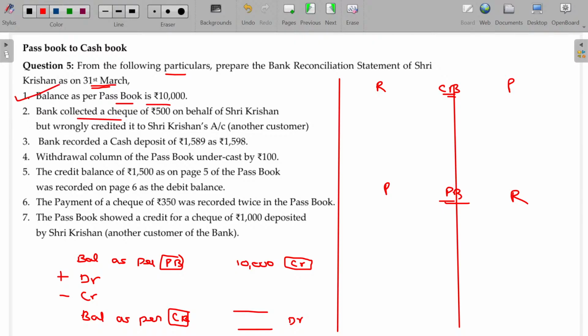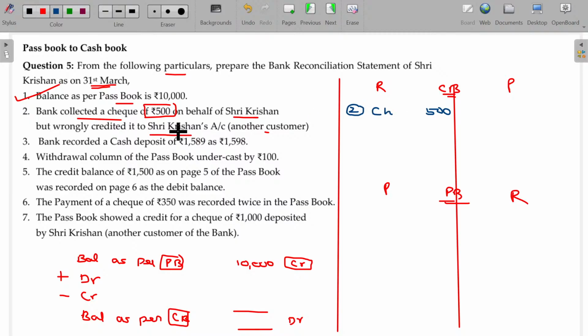Bank collected a check of rupees 500 on behalf of Sri Krishnan, but wrongly credited to another customer's account. So in the receipt side, we have posted the value here. The bank collected, but it is not posted in our book. They have posted it to the other account. He is also Mr. Krishnan.